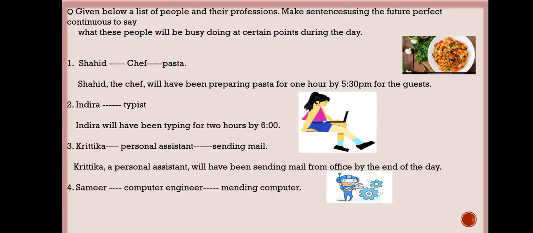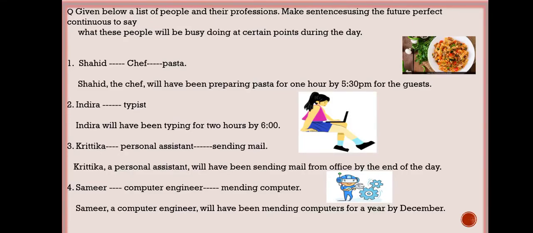Samir, computer engineer, mending computer. He is doing the work, no? Now check your answer. Samir, a computer engineer, will have been mending computers for a year by December. So continuation is indicated and it is written in future perfect continuous tense.